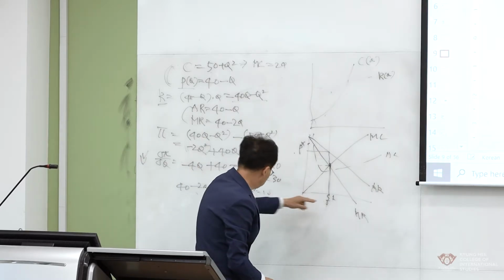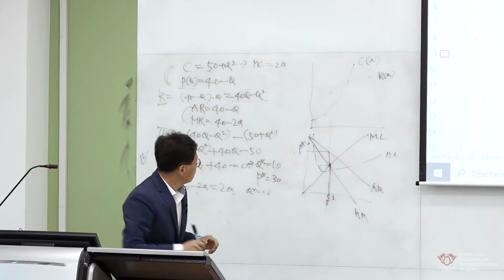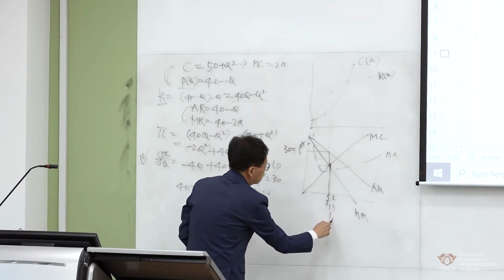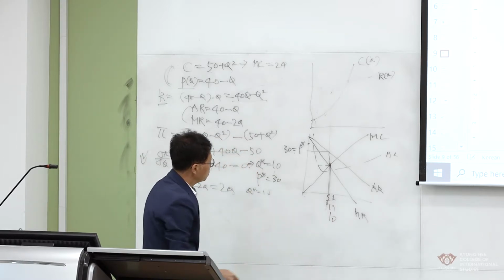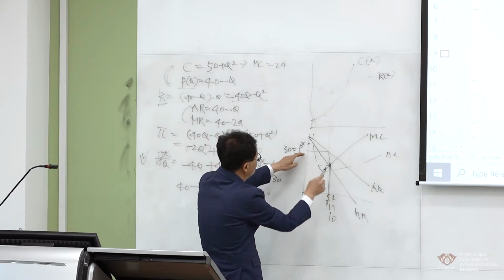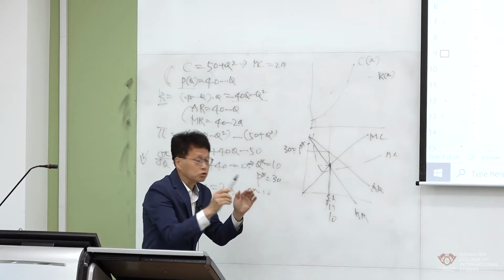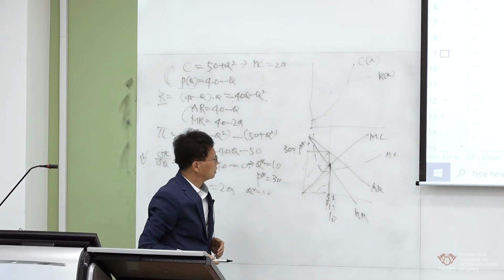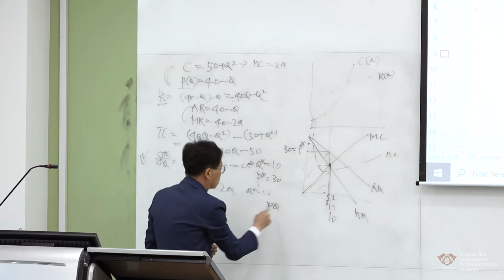Anyway, from here, profit is this one. When you produce Q star, or 10, the price is P star equal to $30. Total revenue is P multiplied by Q, so this area is it.